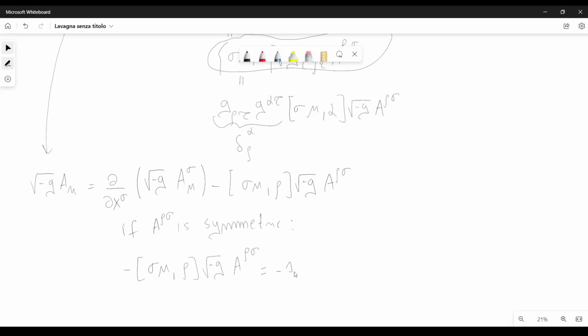We have minus 1/2 derivative of g sigma rho with respect to x mu plus derivative of g mu rho with respect to x sigma minus derivative of g sigma mu with respect to x rho, multiplied by square root of minus g times a rho sigma.